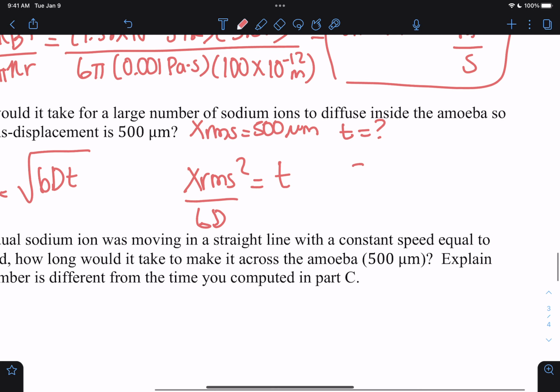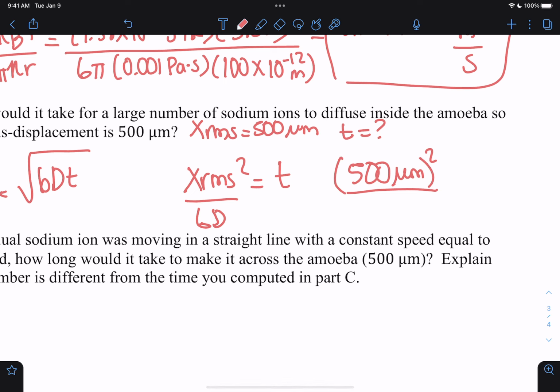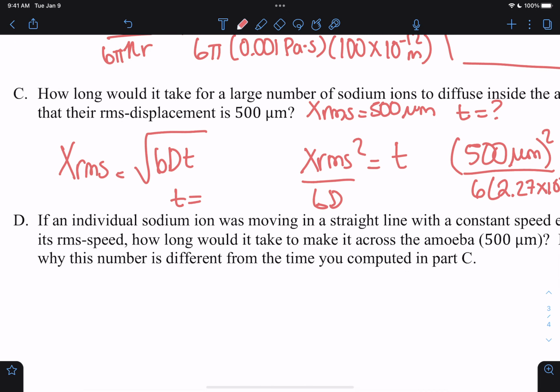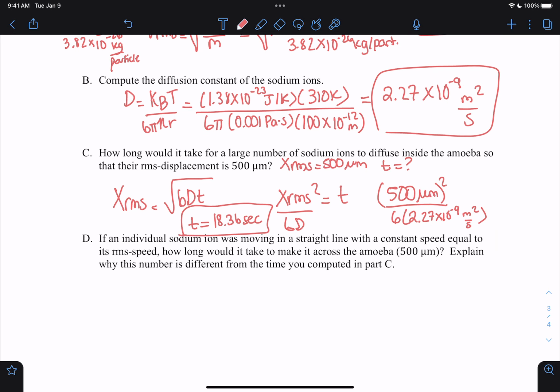So you take 500 micrometers squared and divide by 6 times the diffusion constant we found earlier, which was 2.27 times 10 to the negative 9 meters squared per second. That should give us a time of around 18.36 seconds. Make sense for part C?